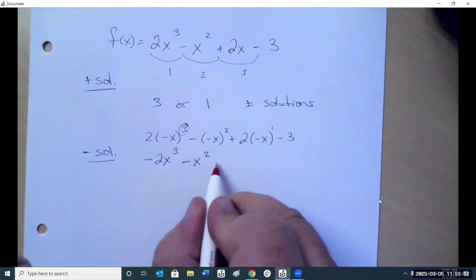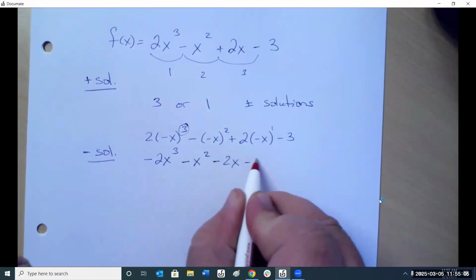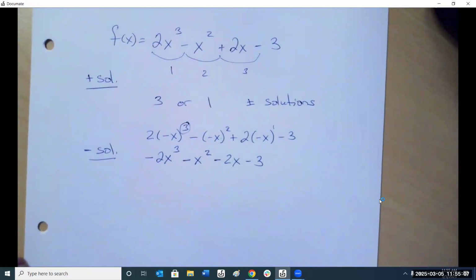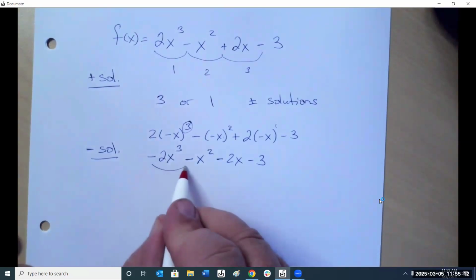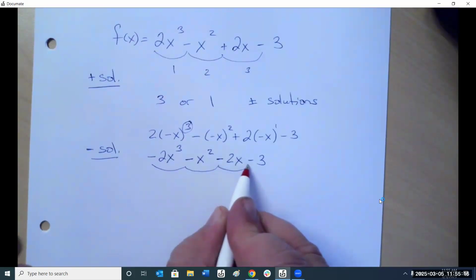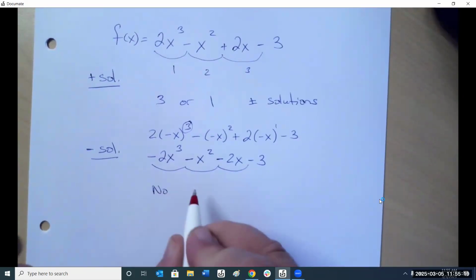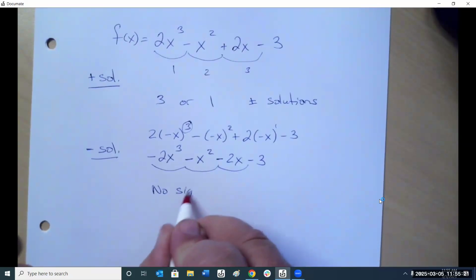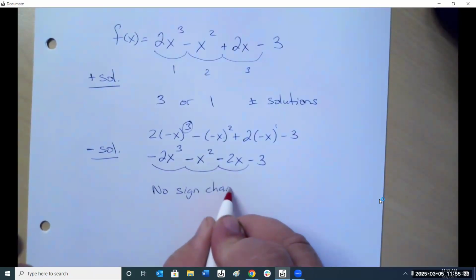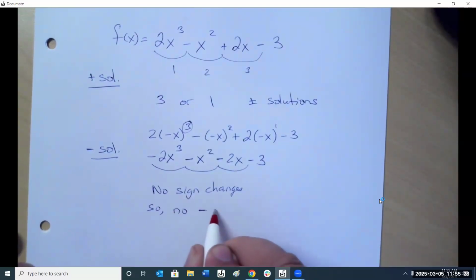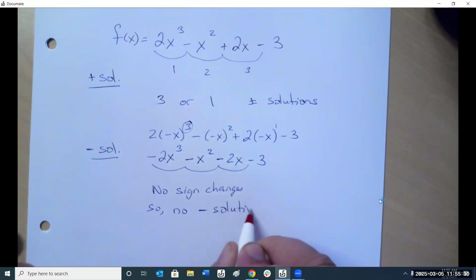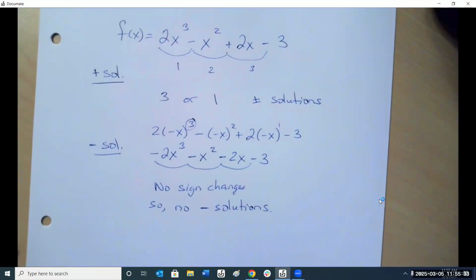This is an odd, so it changes its sign. So how many sign changes do we have here? Is that a sign change? No. No. Is that a sign change? No. So we have no sign changes, so no negative solutions, because there are no sign changes.